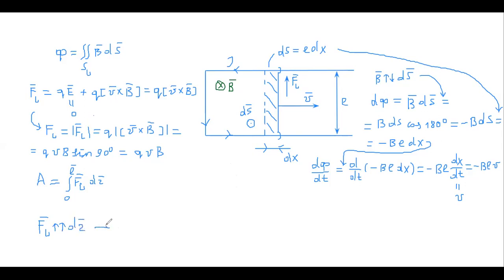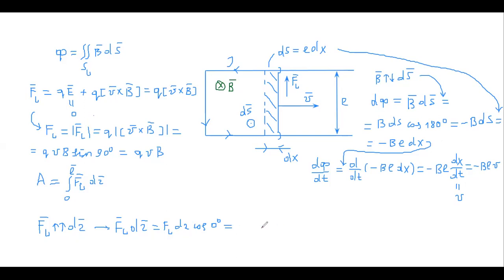The scalar product of F_L and dr is equal to F_L dr cosine of 0 degrees, because the directions of vectors F and dr are the same.